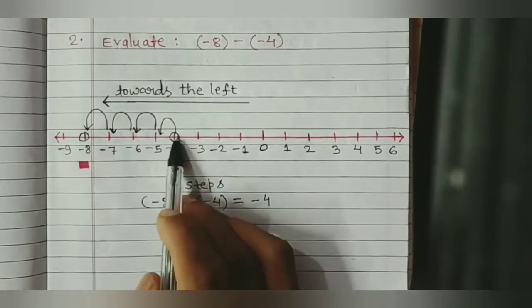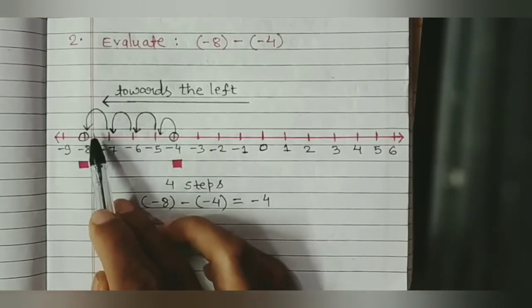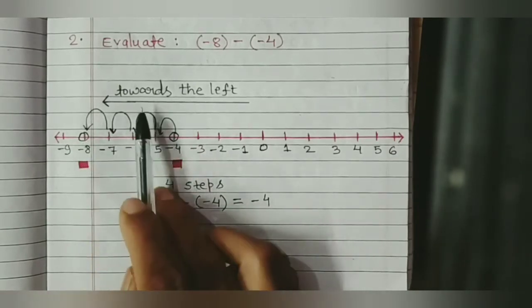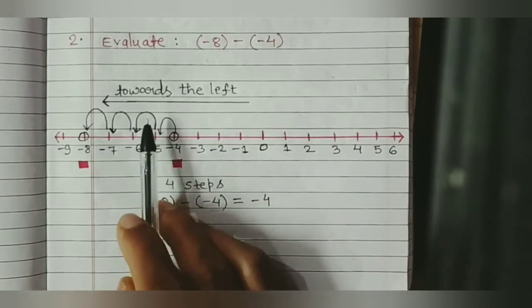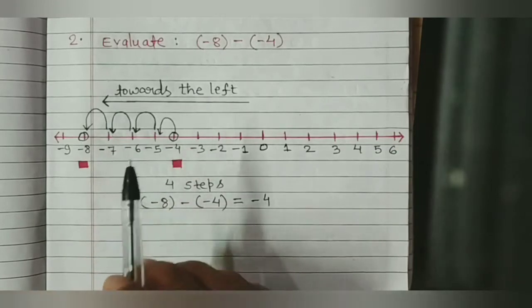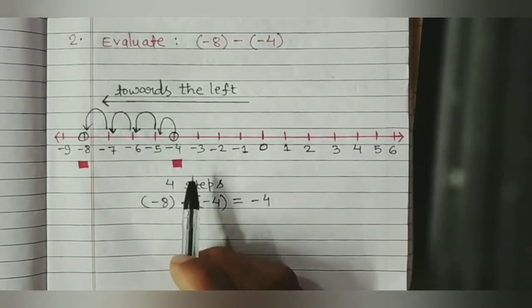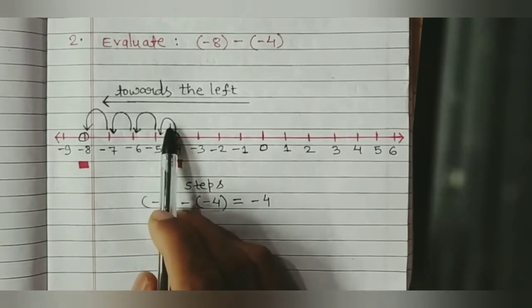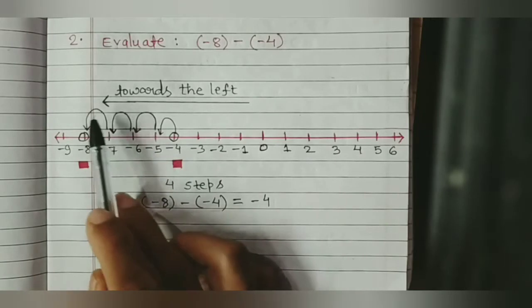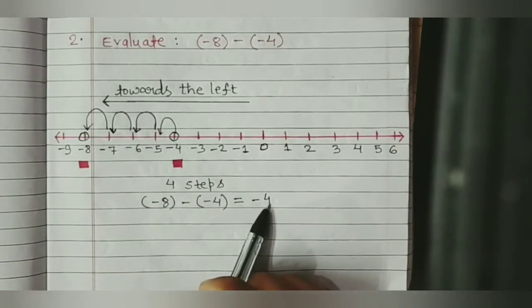Clear? 1, 2, 3, 4. We have taken 4 steps towards the left. If the steps are taken towards the left, then the answer will be a negative integer. Clear? How many steps have we taken? 1, 2, 3 and 4. So our answer will be minus 4.